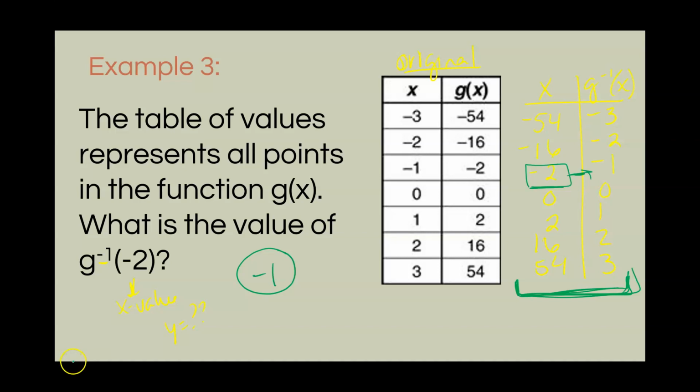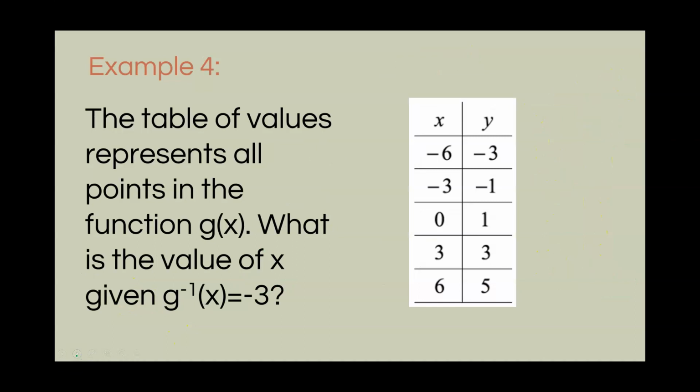All right, next one. This one is a little bit different. It says the table of values represents all the points on the function g of x. So this is my original graph. What is the value of x given g inverse of x equals -3? So this is different. Remember I told you g of x is your y value?